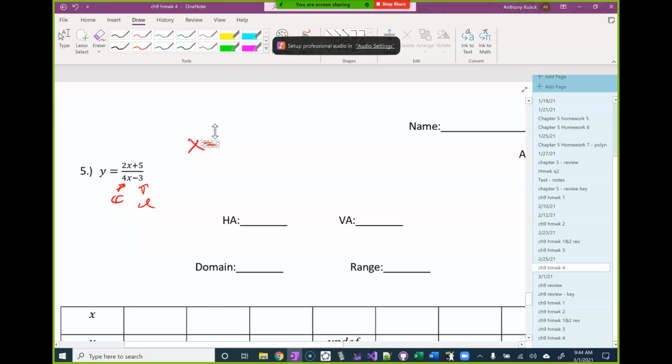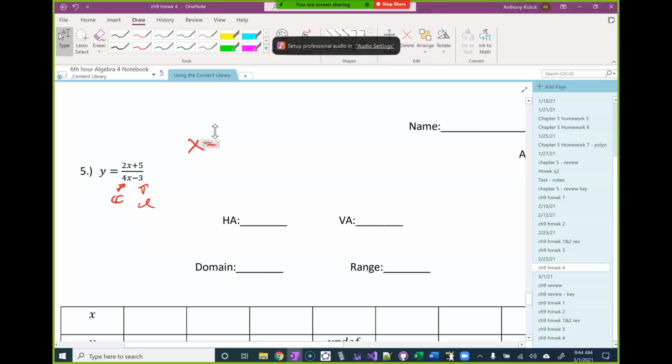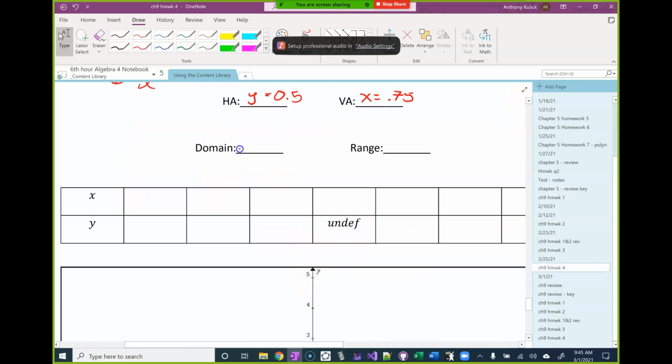Y is a over c, so it's in my range. I'll put my vertical asymptote in the middle of my table and then pick 3 numbers bigger and smaller than it.